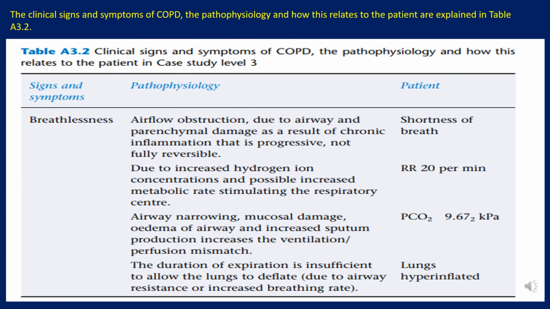The clinical signs and symptoms of chronic obstructive pulmonary disease, the pathophysiology and how this relates to the patient are explained in Table A3.2. Pause the video and carefully scrutinize Table A3.2 before proceeding to the next slide.